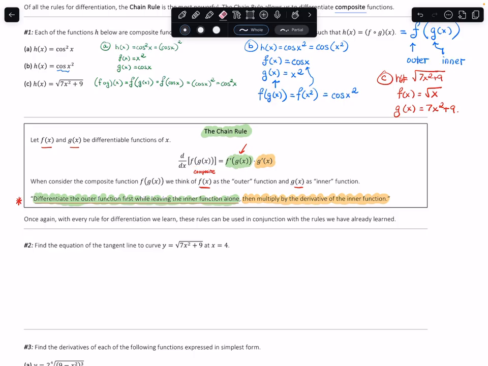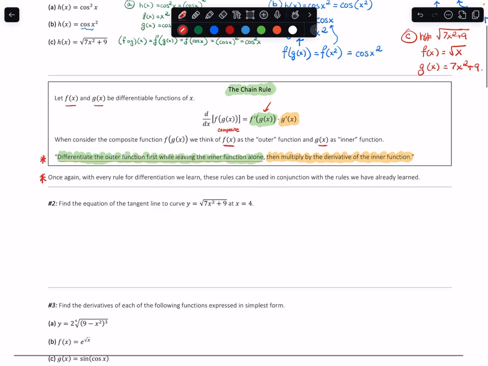And one thing to keep in mind with all these rules we have been learning over the past couple of weeks: every new rule you learn can be used in conjunction with all the other rules you know. And I think how these rules integrate and work with each other is part of the challenge for sure.